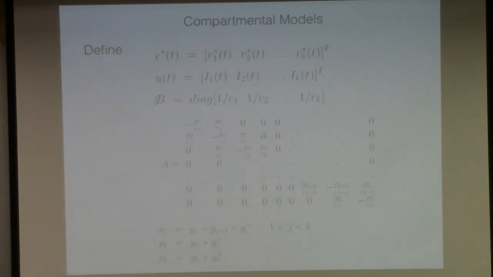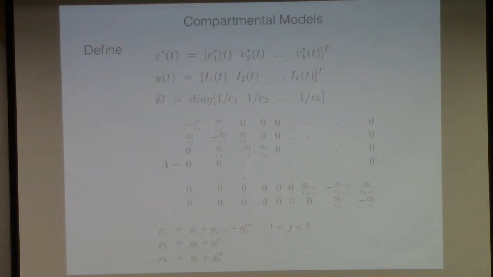All right, so now we are going to construct some vectors and matrices. Let this vector have as elements the V star values for all k nodes in that cable. So that's what we're calling this vector. This vector has as elements whatever the injected currents are at each node.